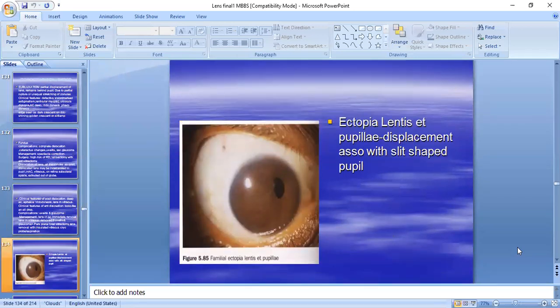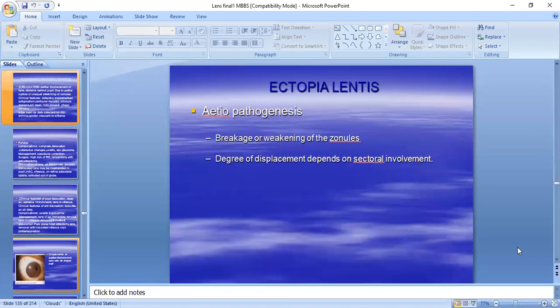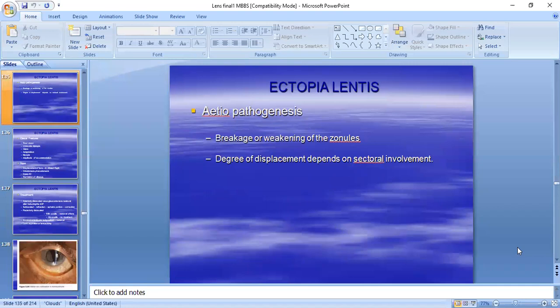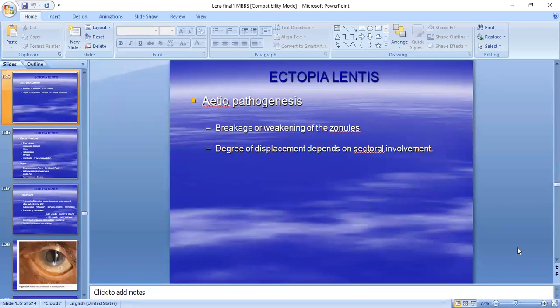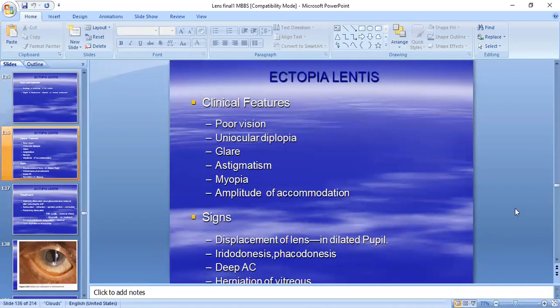So this is ectopia lentis, pupillary displacement associated with a slit-shaped pupil. Etiopathogenesis is breakage or weakening of the zonules. Degree of displacement depends on sectoral involvement. Clinical features I have already mentioned.